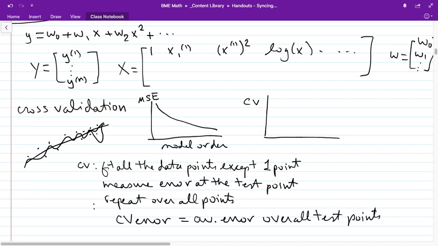So what I'm going to do is to plot for you CV error as a function of model order. And typically you're going to find something that looks like this. So as the model order increases, your cross-validation error tends to decrease until you find some place where beyond here, now you're overfitting.